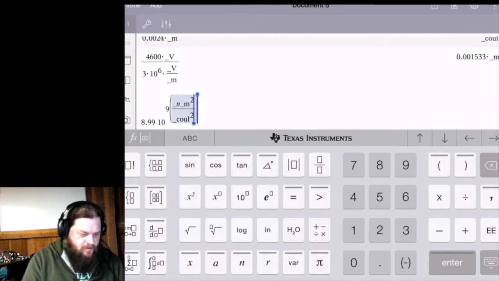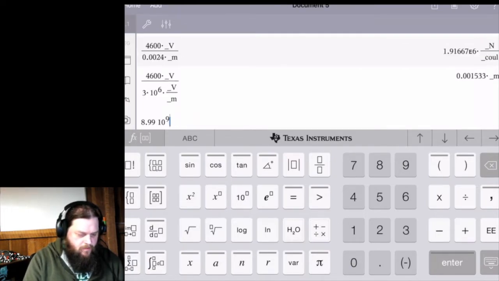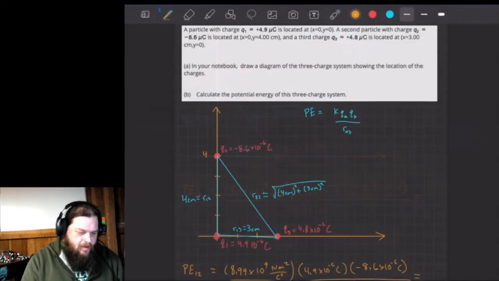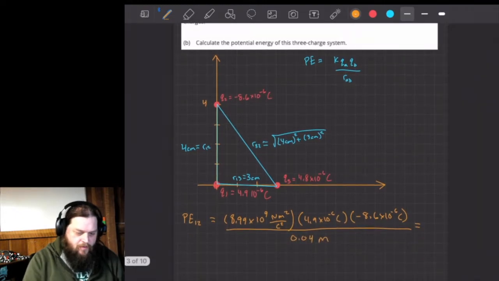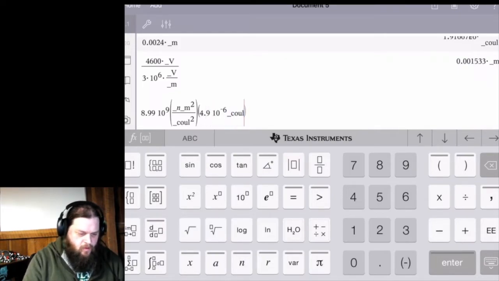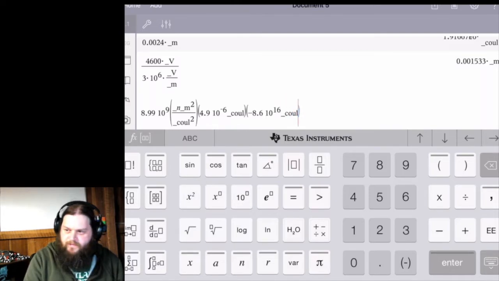That's K, times 4.9 times 10 to the negative 6 coulombs, times a negative 8.6 times 10 to the negative 6 coulombs.